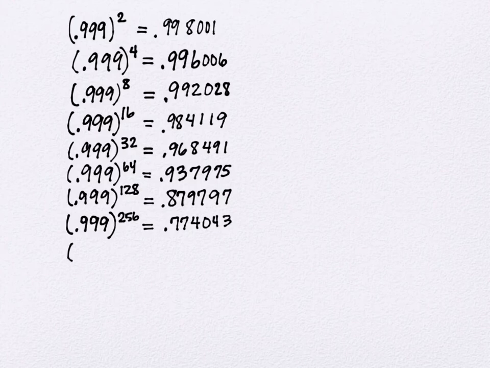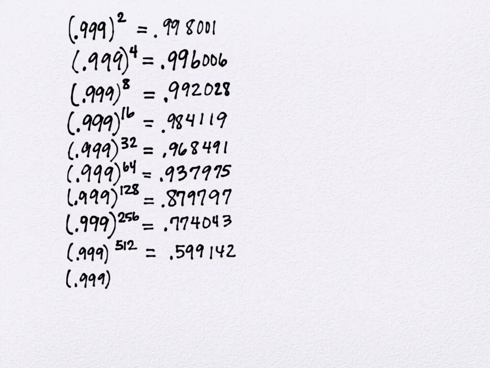Let's do a couple more. What is double 256? 512. And what does it give us? 599142. Yep. And we'll do it one more time, and then we're going to stop. This doubles to 1024.